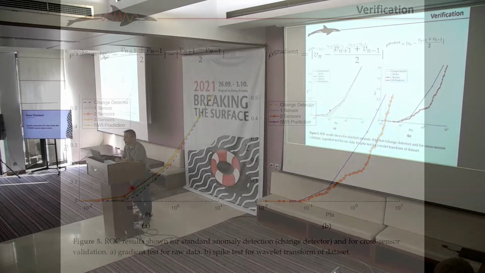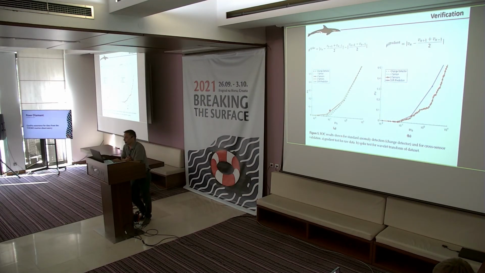So we did this tagging. And it shows us the different results if we're just using the change detector, or if we're using the majority vote, or if we're using the SVR prediction. And the results show that when we are looking at spikes, majority vote is probably the best thing that we want to do. And if we are looking at gradients, the SVR prediction was actually much better.